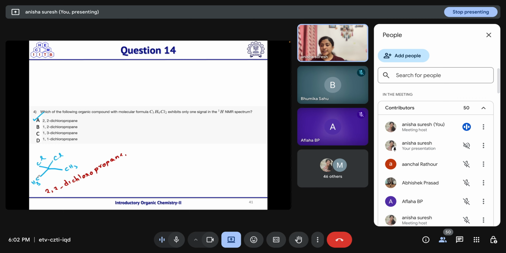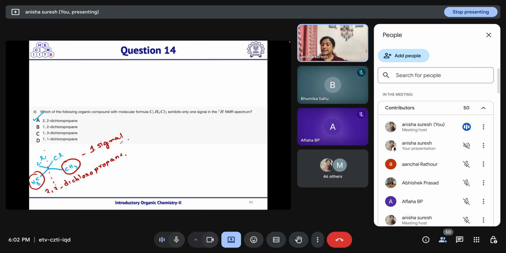So in this case we are having two CH3 groups, but since they are present in the same chemical environment, because of the plane of symmetry, these CH3s will be identical, and hence they will be exhibiting only one signal in the proton NMR spectrum. Here only one signal will be coming in the proton NMR spectrum.